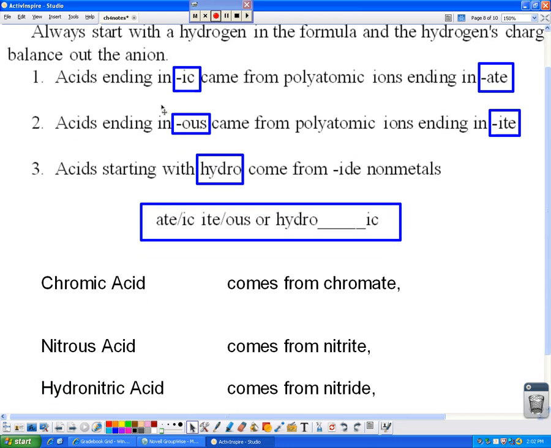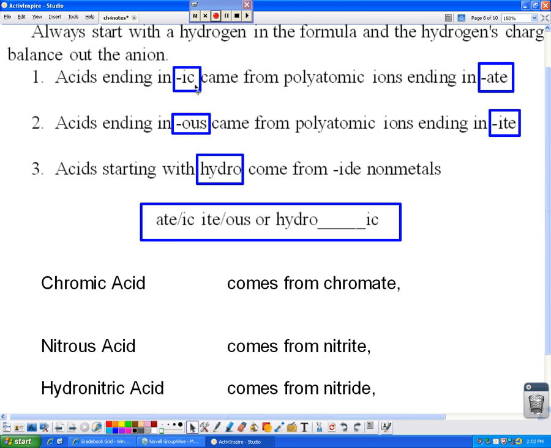And if it is something that ends in ic, like phosphoric, sulfuric, nitric, then it really is a polyatomic ion that ends in ate. So phosphoric is really phosphate. Sulfuric is really sulfate.